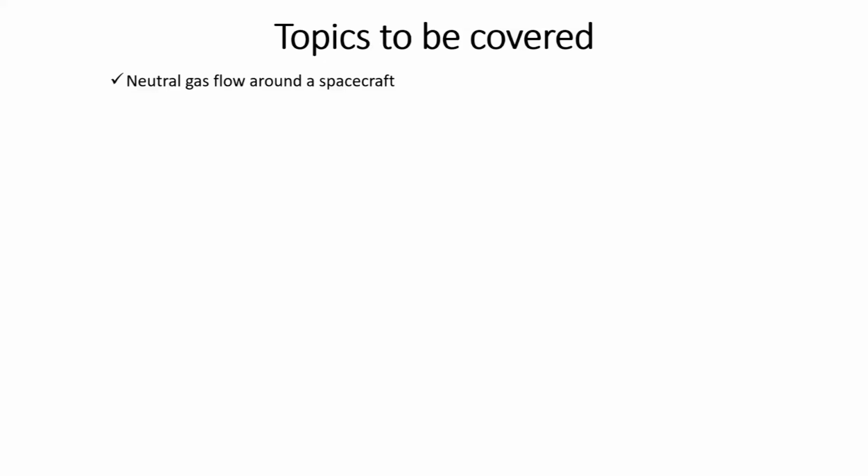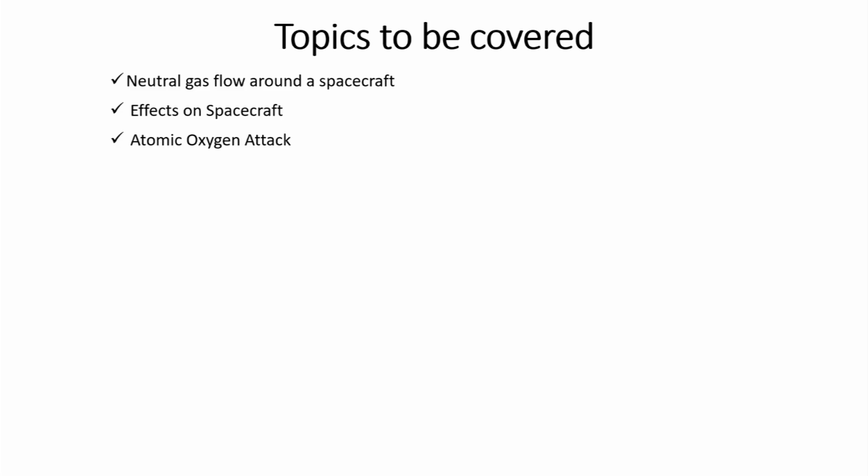So, we will discuss in this category, the neutral or the particulate environment of the spacecraft, what are the effects and what are the things we need to consider. In this topic we will discuss the neutral gas which flows around the spacecraft, and what are the effects on the spacecraft.